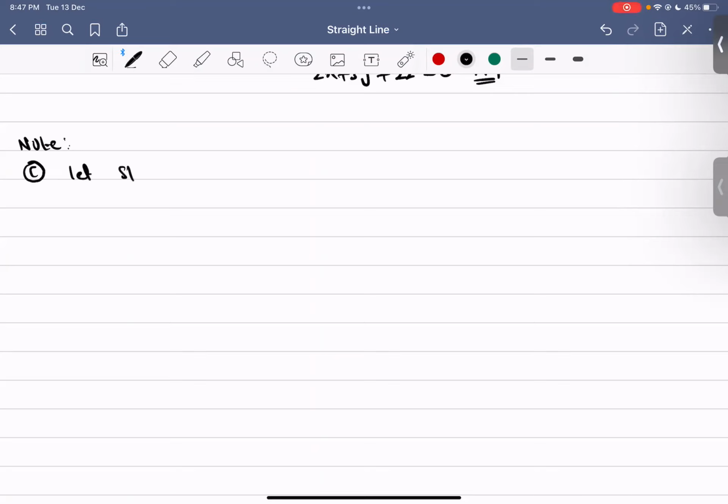Let the slope of the line L1 be M1, and that of L2 be M2.